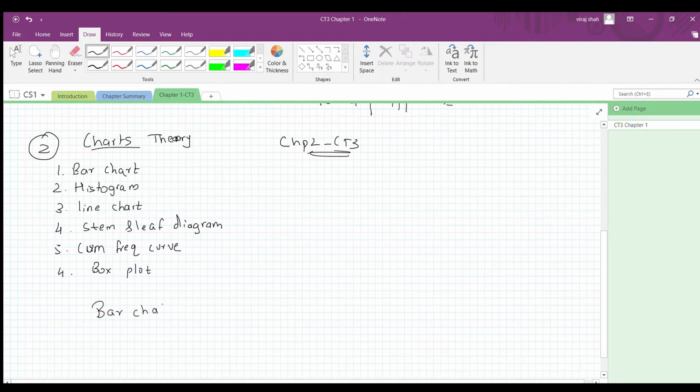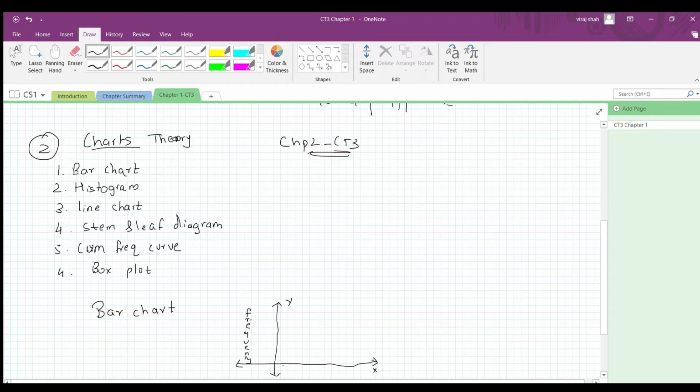So basically, when a bar chart is asked, the chart must look like this somehow. This is the y axis and this is the x axis. In y we are modeling frequency, so let me just write frequency here.